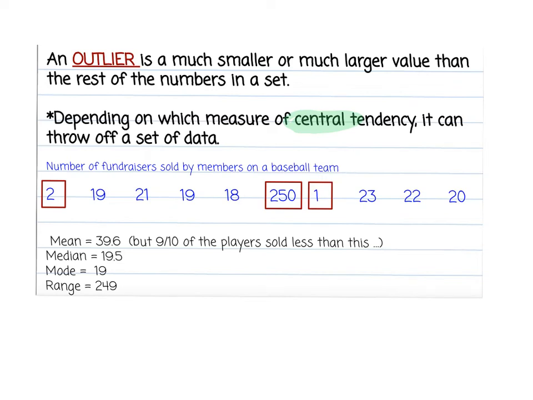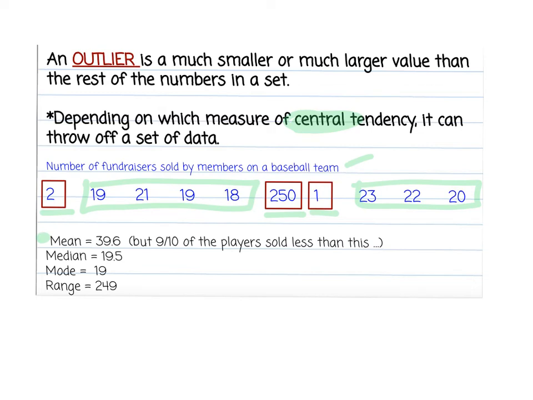So going back to our example from the median, there were some outliers in this data, and we had some people who sold a minimum of fundraisers, 1 and 2, and then someone super overachieved and got 250. Whereas you can see the rest of them were here in the 19, 18, lower 20s. So the mean of this specific set of data is 39.6.